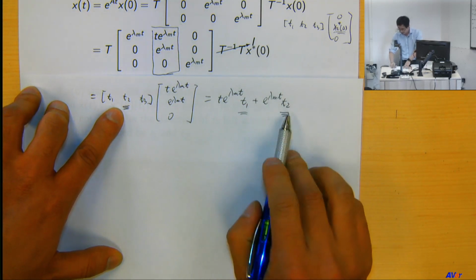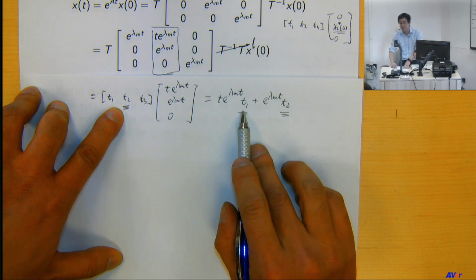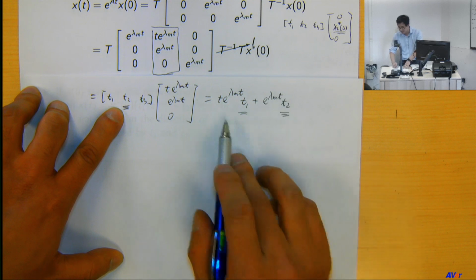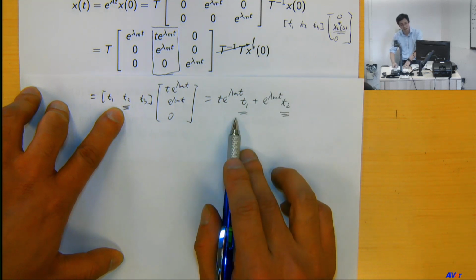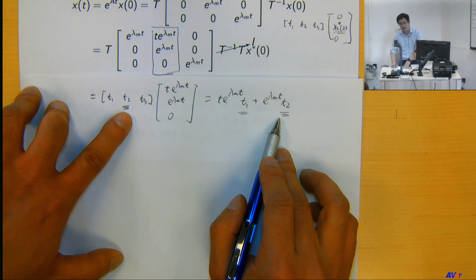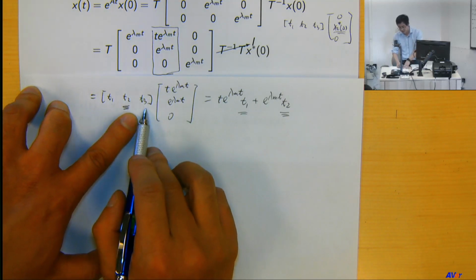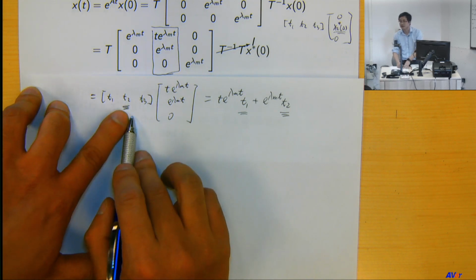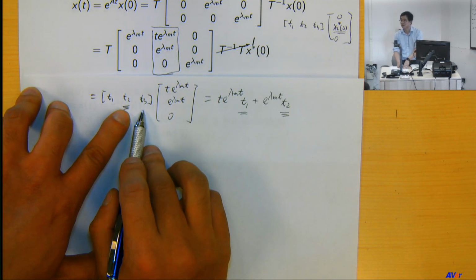Because T2 is generated from T1, it's related to T1. If you start in this direction, you stay in the subspace spanned by T1 and T2, and it's independent from T3, because T2 is generalized from T1, not from T3.